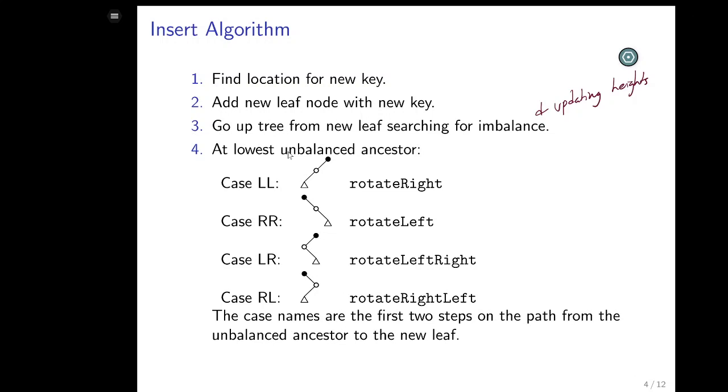As you go up, you're checking for imbalance and updating the heights. You get to a certain point where you might find that you have an unbalanced ancestor of the leaf that you inserted. You're going up, you get to a node, this node, the black dot, which is out of balance.